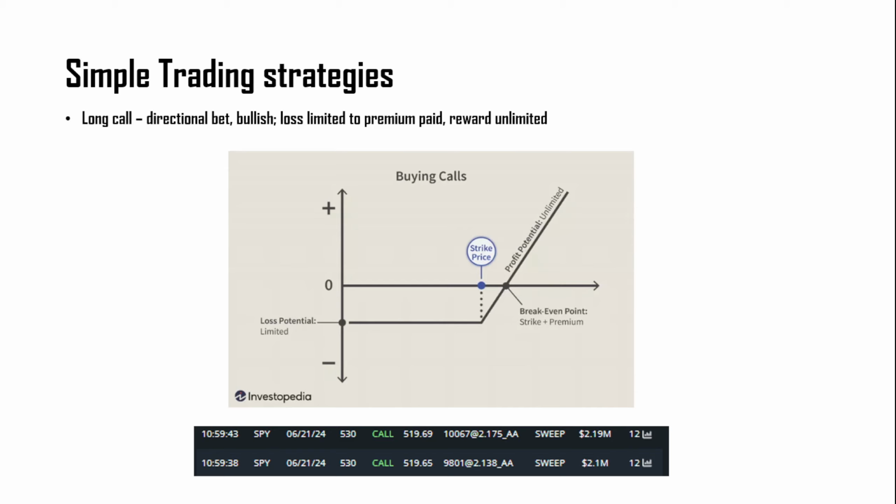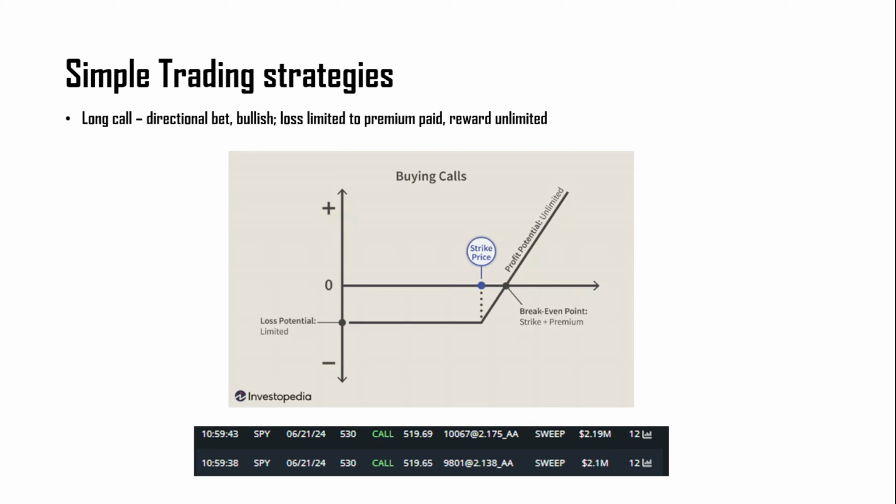These are examples of SPY calls that you see from the flow. So 6/21, 530. This guy actually bought this at the bottom yesterday. He bought them for 5 million total, and he's already up 65% or so on Friday.